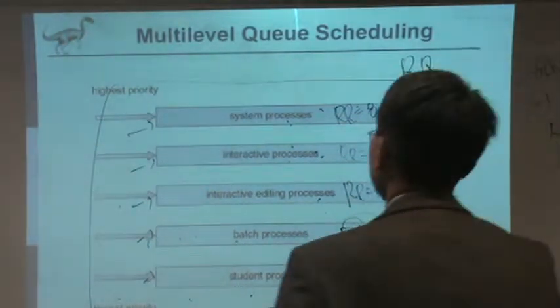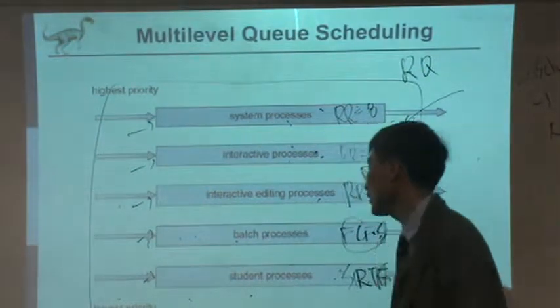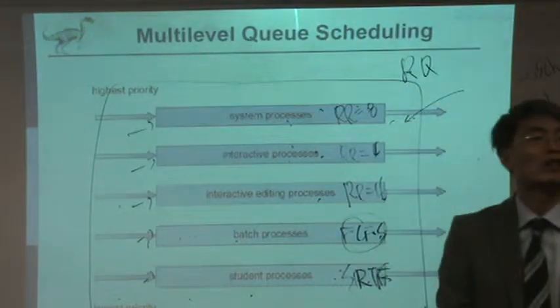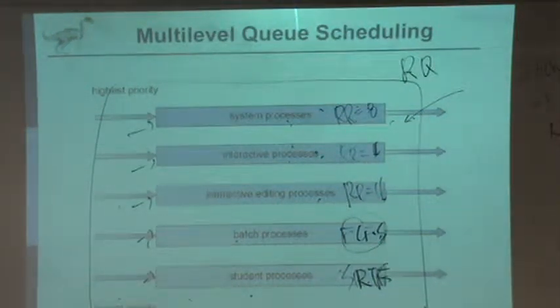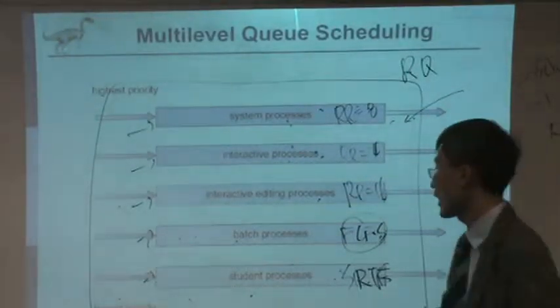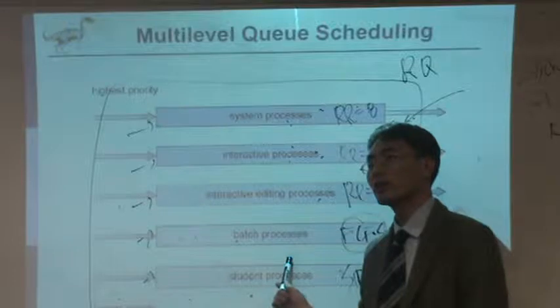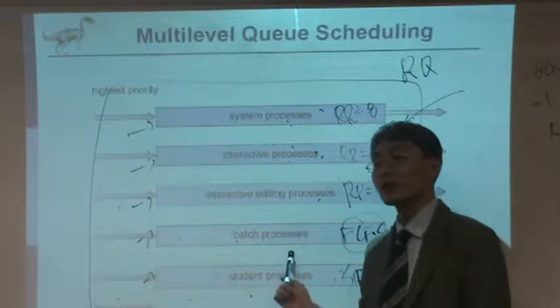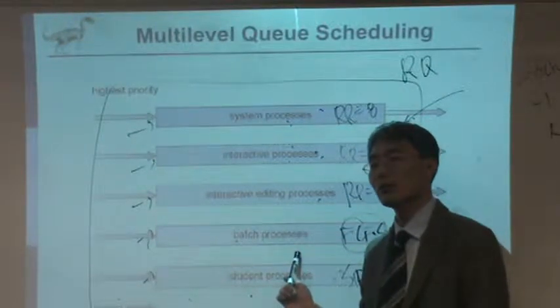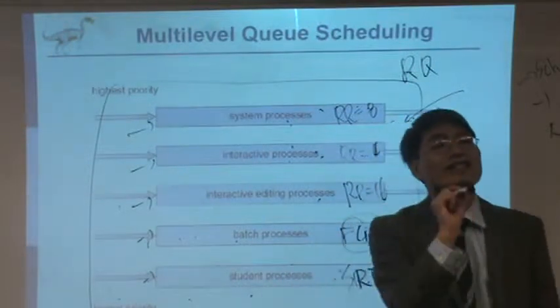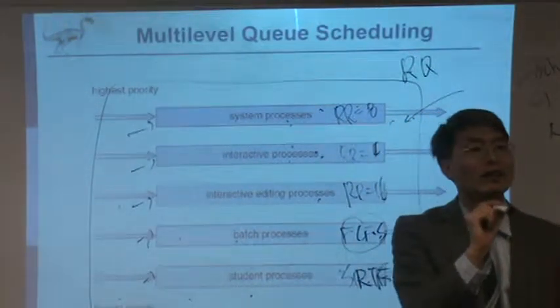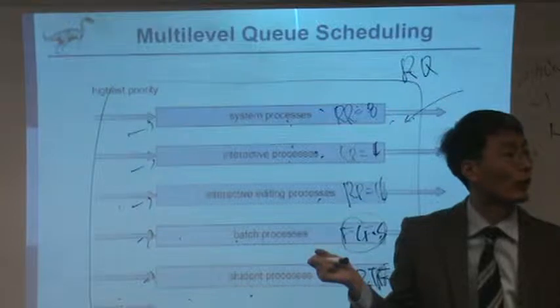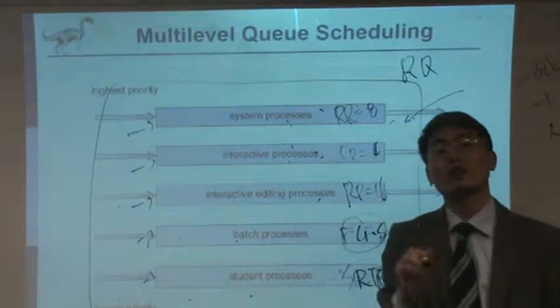Whether this is an interactive process, a batch process, or a student process, sometimes it's not possible to identify which queue the process belongs to, unless the system administrator or developer or user explicitly specifies the queue. So that is another problem.